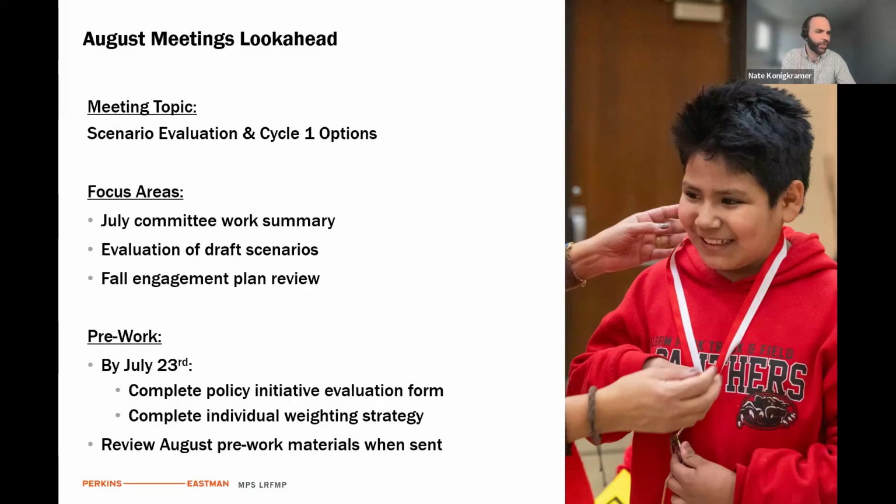The pre-work items noted at the bottom here are the policy initiative evaluation form, more to come on that a little later in the meeting, and the individual weighting strategy. We really want to make sure that we get everyone to submit an individual weighting strategy if you have not already. We're in the process of pulling together a spreadsheet showing whether you have submitted a weighting strategy and what date you submitted it on.